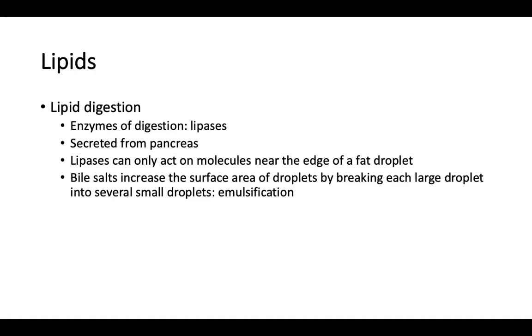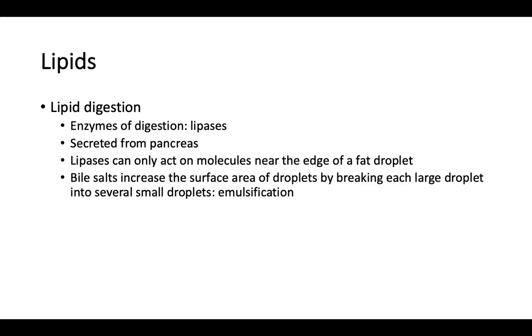So lipid digestion takes place with the help of lipases, and lipases are part of that pancreatic cocktail, that pancreatic juice. It's one of the enzymes that comes from the pancreas in the pancreatic duct and is dumped into the duodenum, and it can start breaking down fats. Now, lipases can only act near the edge of the fat droplet, right?